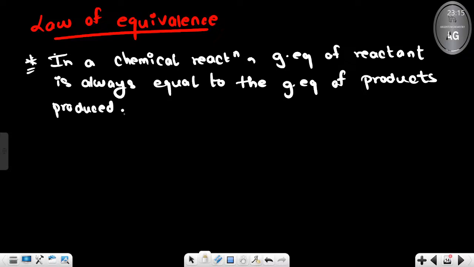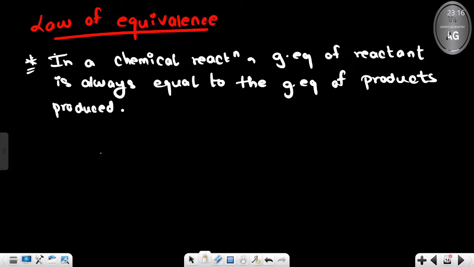Clear? So in a chemical reaction, gram equivalent of the reactant will always be equal to the gram equivalent of the product that will be produced. Any doubts? Clear with the law of equivalence?